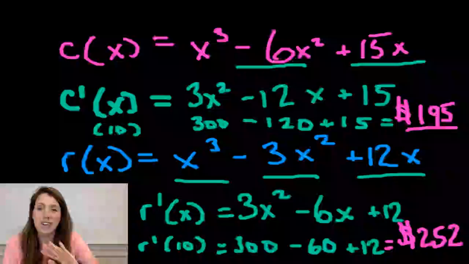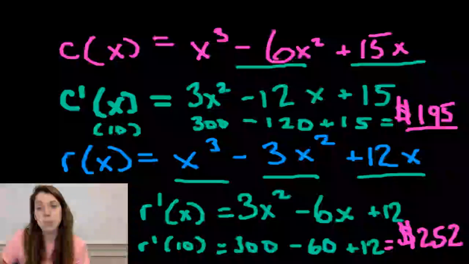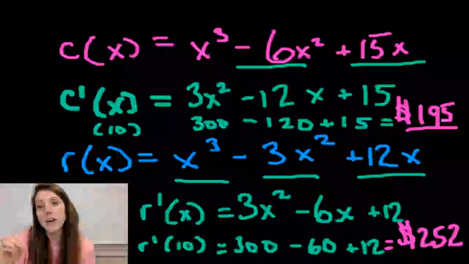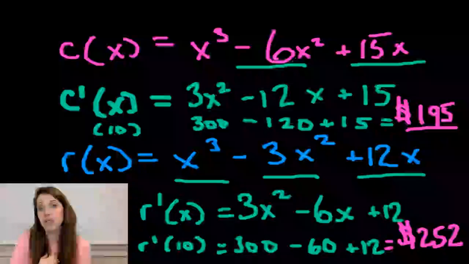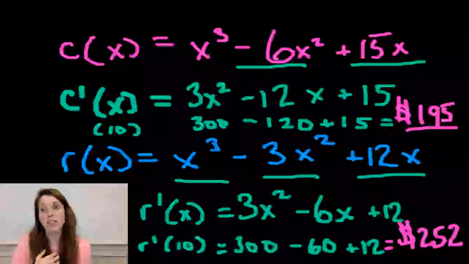Not profit. I don't want to get you confused with profit because we have to take cost into effect. Marginal revenue, so change in revenue. We see that to add one more it would actually be in our favor. So if we had the resources, the money values add up in our favor.